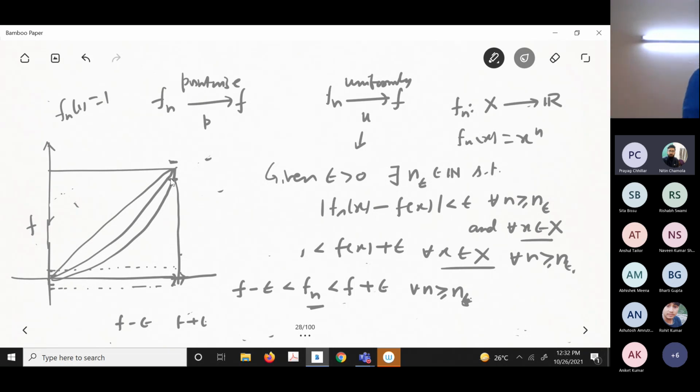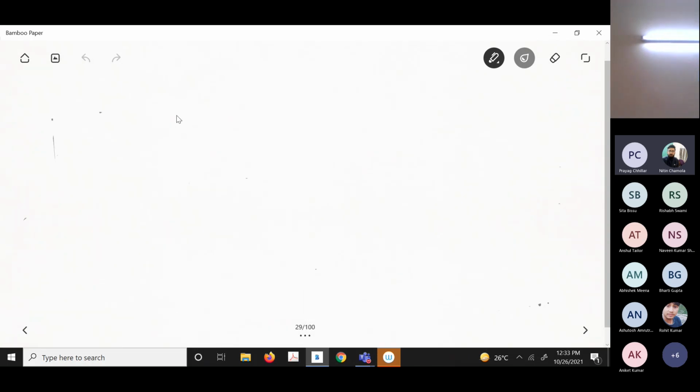So what I am getting is that fn converges pointwise.